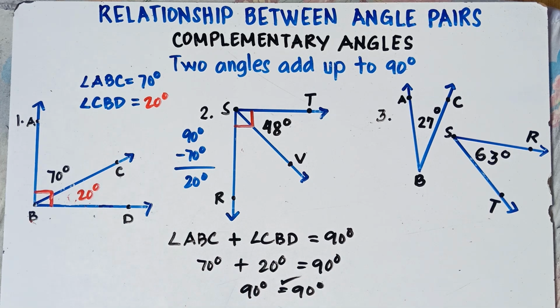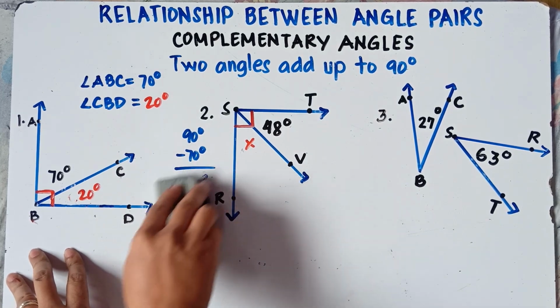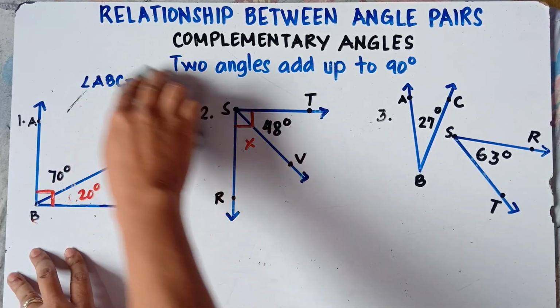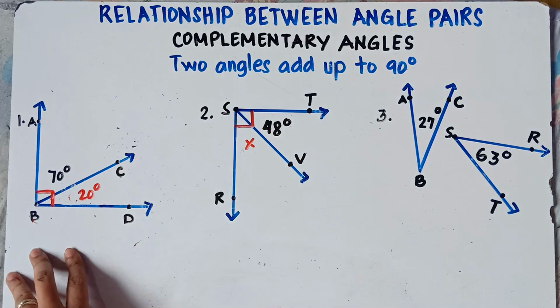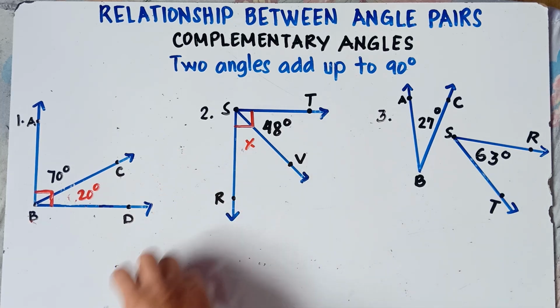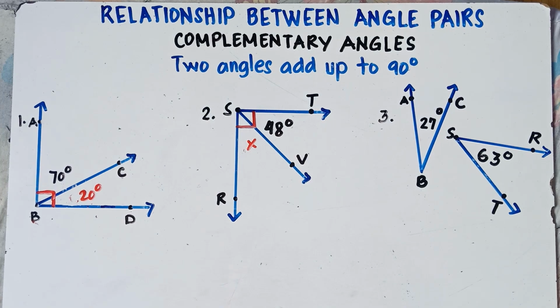Now let's have this one, class. Number 2, you're told to find this angle right here. So what would be that angle? Could you do the mental calculation? What would be that angle, class? Is it 42? Yep, that's correct. That would be 42 degrees because 42 plus 48 is 90 degrees. But if you're confused, you can just simply subtract this 48 from 90.